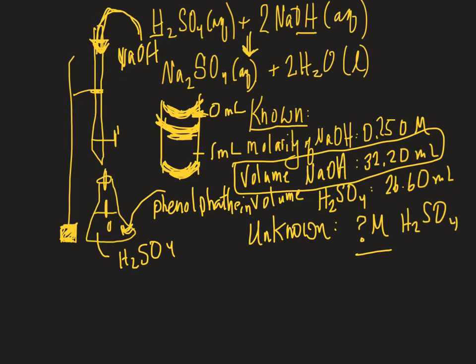But what's happening with that last drop is that all of your H2SO4 has now been reacted away, and that last drop of base that falls in has no neutralization reaction, has no acid to neutralize it.